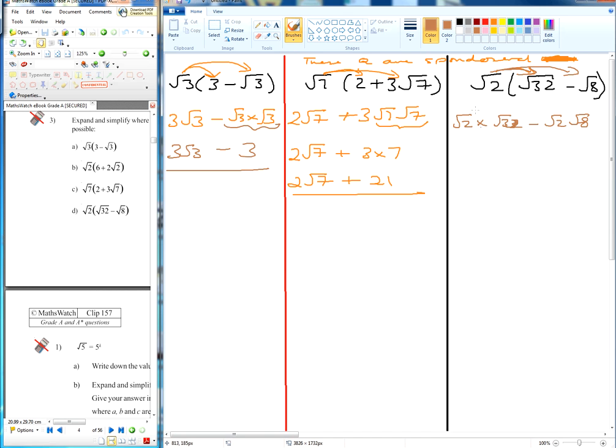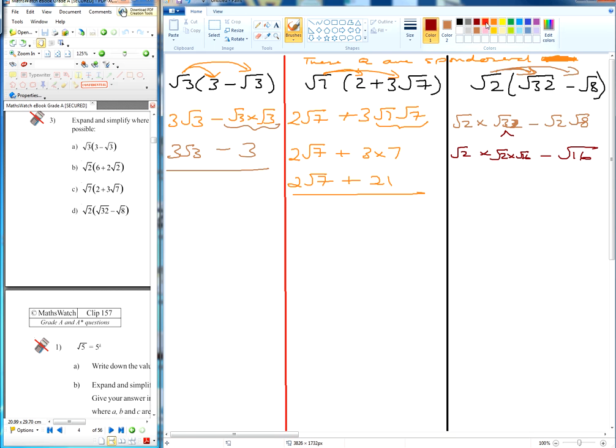I'll say 2 for a particular reason. I'll show you why in a second. So we've already got root 2 here. If you split this one up into a root 2 and a root 16, that will help us because these two roots will combine together. Now, minus root 2 times root 8, what will that give you? Root 2 times root 8 is the same as root 16.